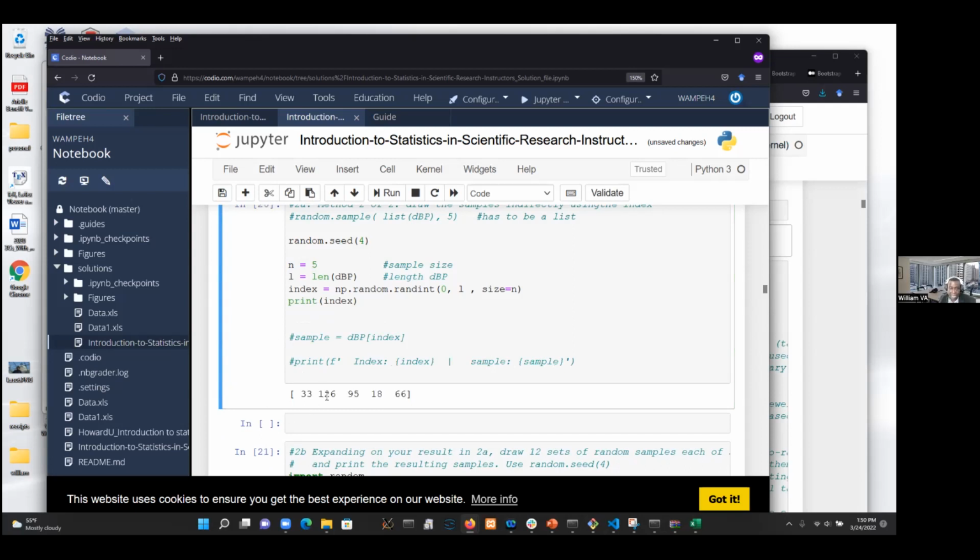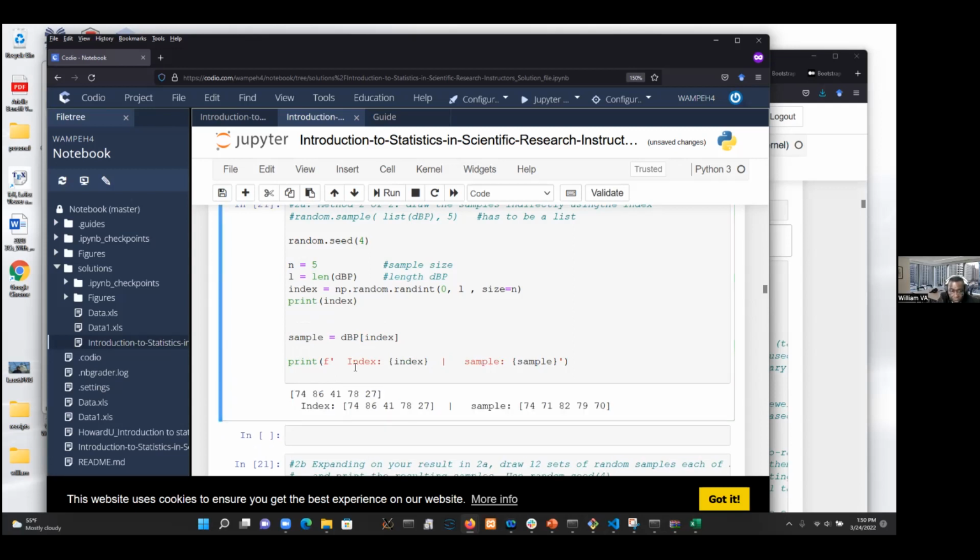That's what the index is doing, it returns the index. So now I can run the index on BDP and I'll get values. These are the index and these are the values.